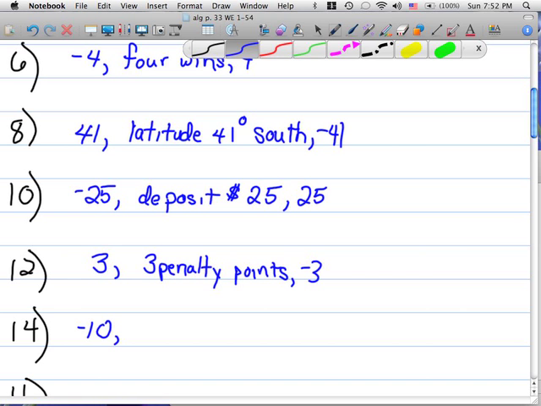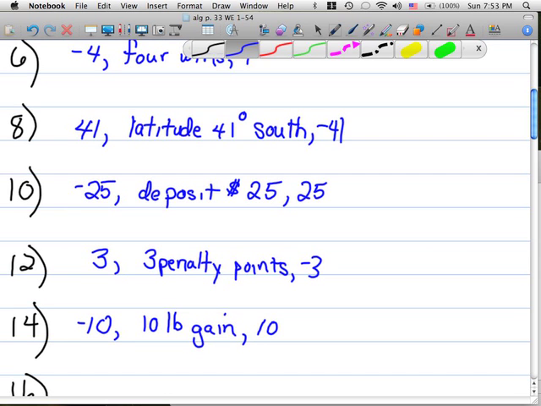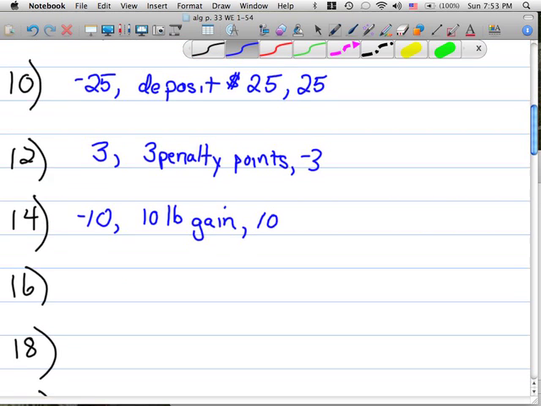That's a decrease, that's negative 10. The opposite would be 10 pounds gained, which would be positive 10.